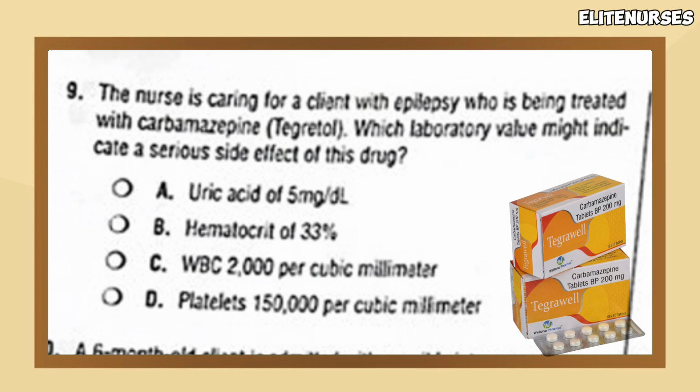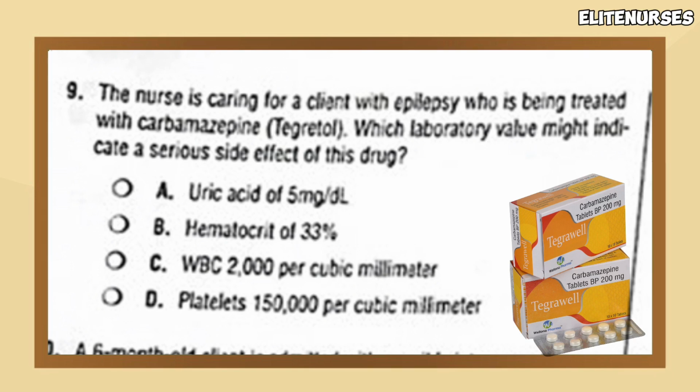We have A, uric acid of 5 mg per deciliter, B, hematocrit level of 33%, C, WBC of 2000 per cubic millimeter, D, platelets of 150,000 per cubic millimeter.